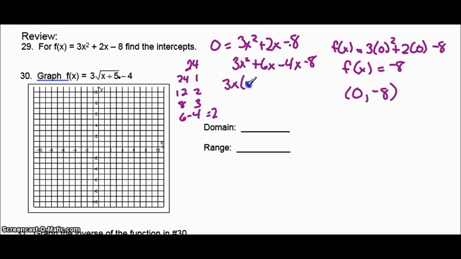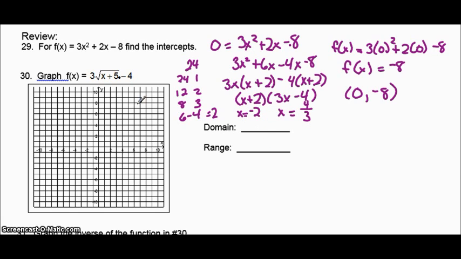Factor out 3x, and I have x plus 2. Factor out 4, and I have x plus 2. That would be x plus 2 times 3x minus 4, which means x would equal negative 2, or x would equal 4/3.